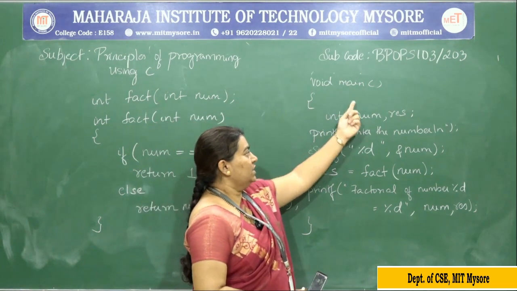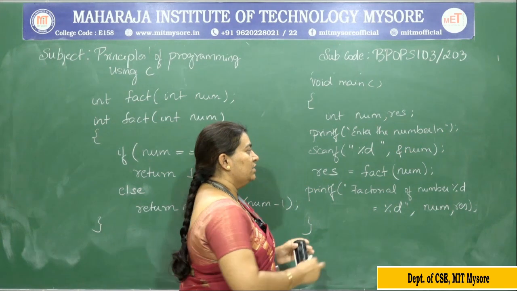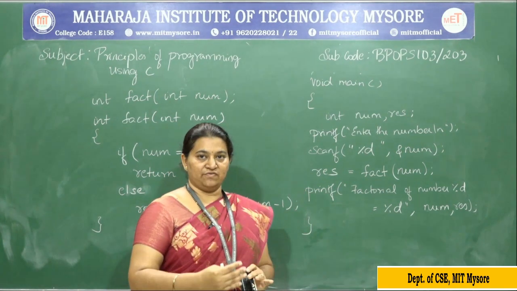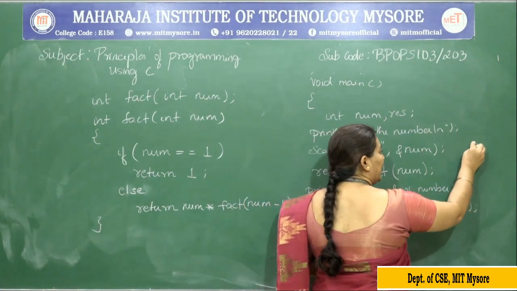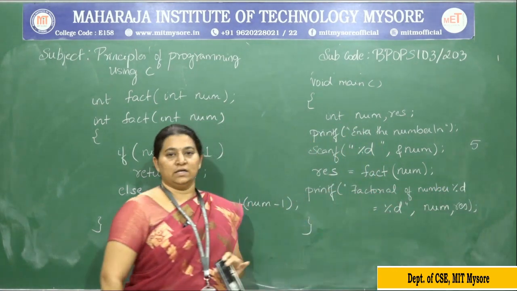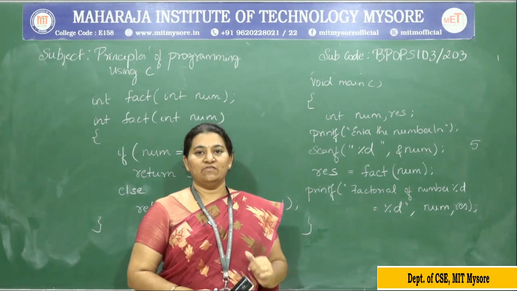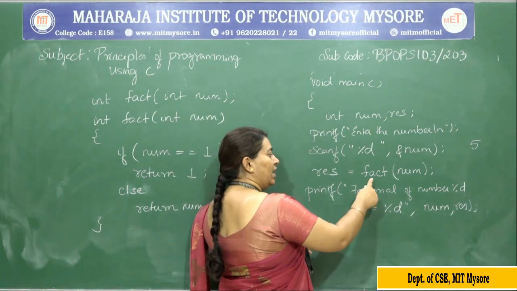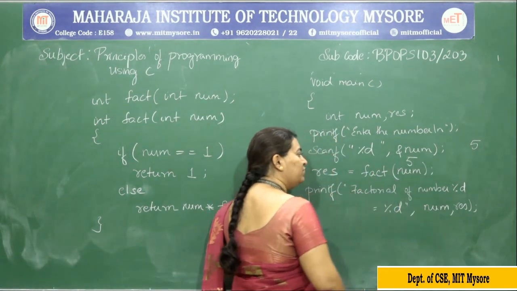So what will happen? Here I have to read a number. Think that the previous example we have taken 5. So we'll use that same example here. So I'm going to read a 5 here. Next what I'm going to do, I'm going to call a function. I'm going to call fact and I'm sending a value of 5.